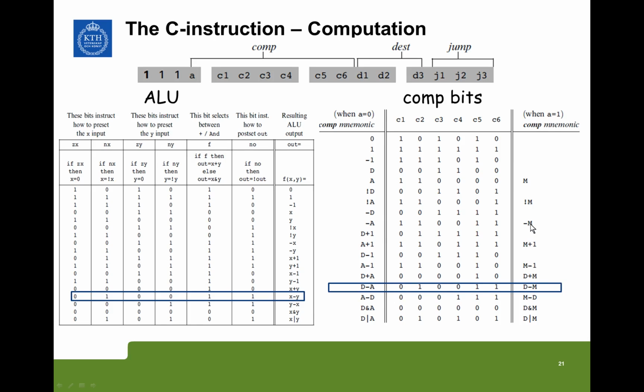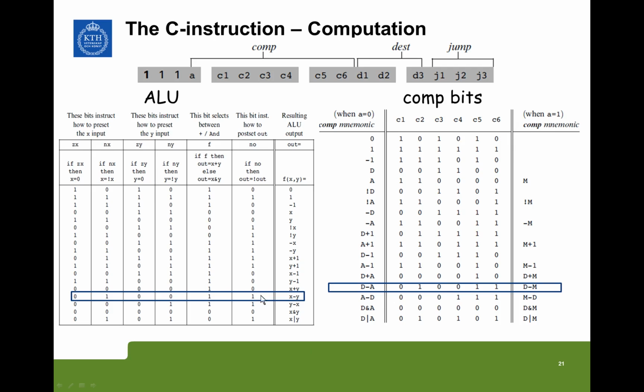A register. The C bits will define the computation itself, assuming that the other operand is actually the D register. And if you compare these tables, then you see that these C bits actually represent one by one the inputs of the arithmetic unit.